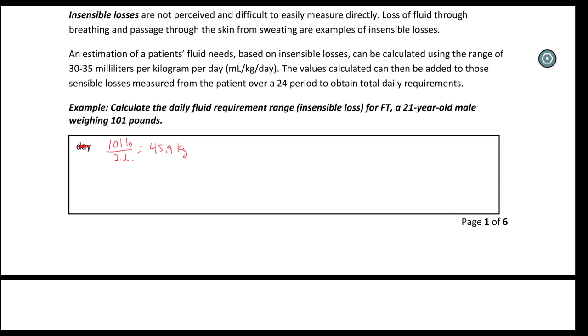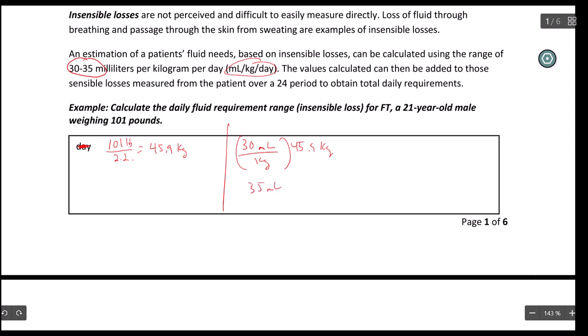The fluid requirements are between 30 and 35 milliliters per kilogram per day. So let's take the range. The first one is 30 mL per kilogram per day, times the 45.9 kg. The other one is 35 mL per kilogram, and the same weight that the person weighs.